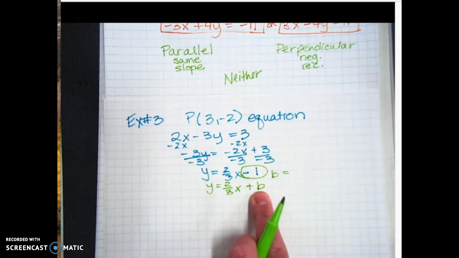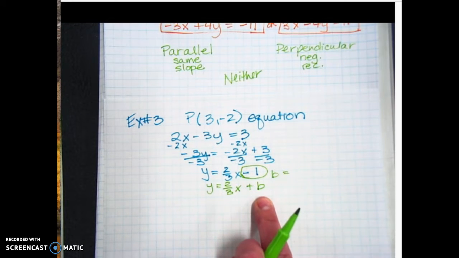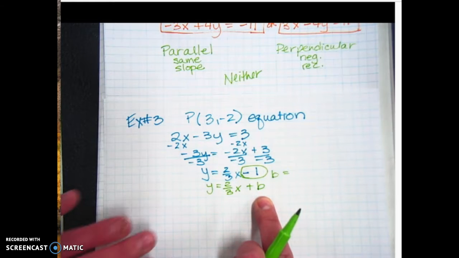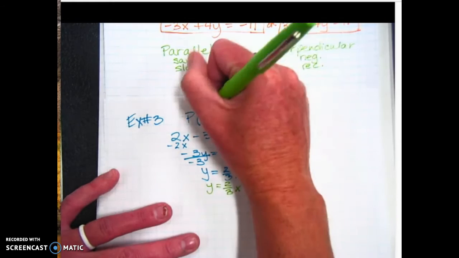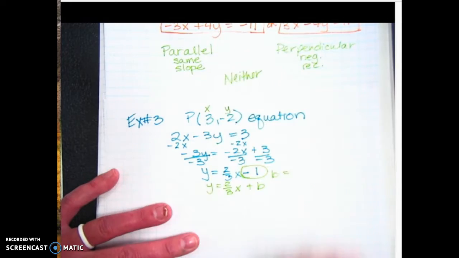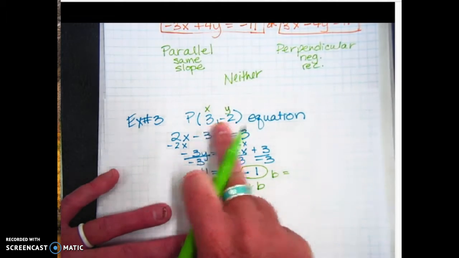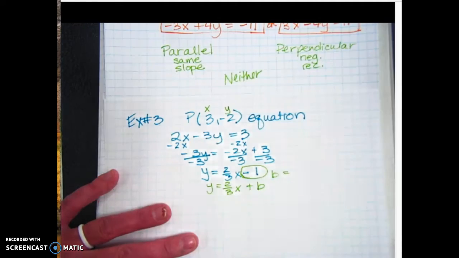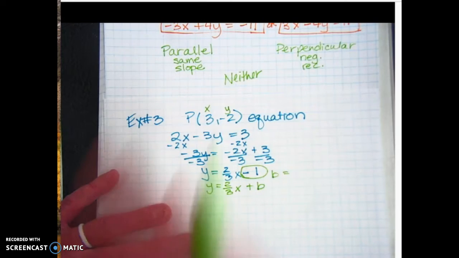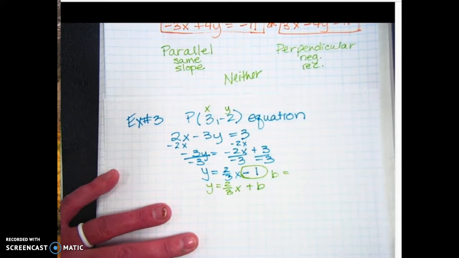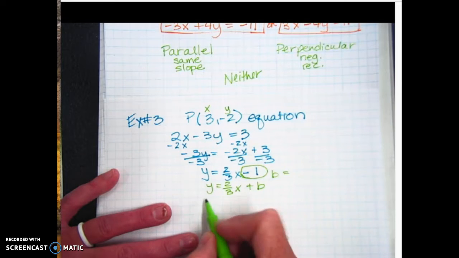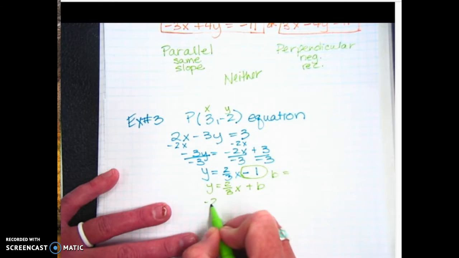And we need to get a new value for b. Okay, so this is an extra weird, funny little step. So you're going to use this for your x and this for your y. If you use 3 for your x and -2 for your y, your line is guaranteed to go through that point. Okay? So underneath it, we're going to plug in the -2.